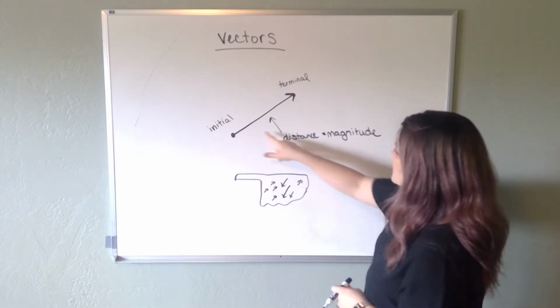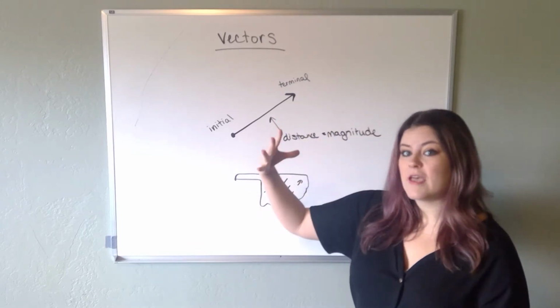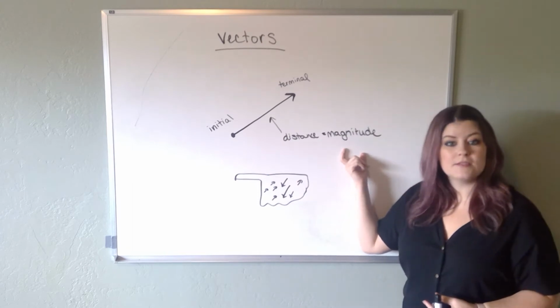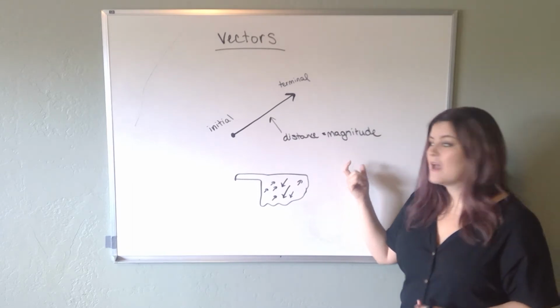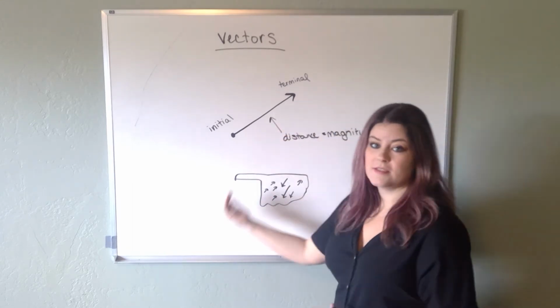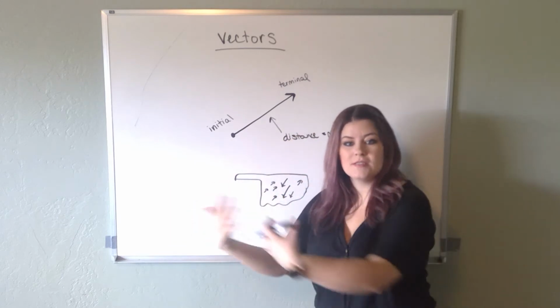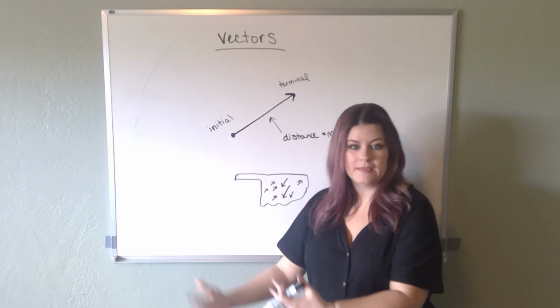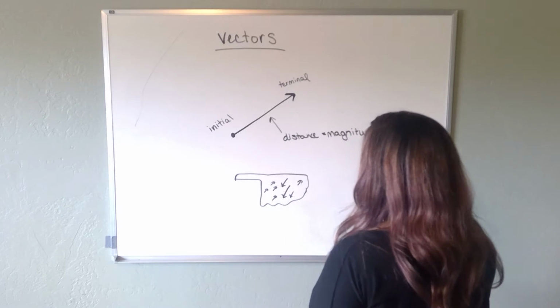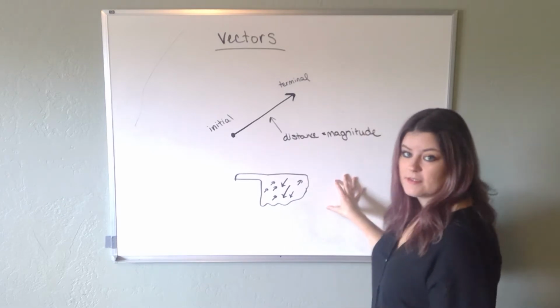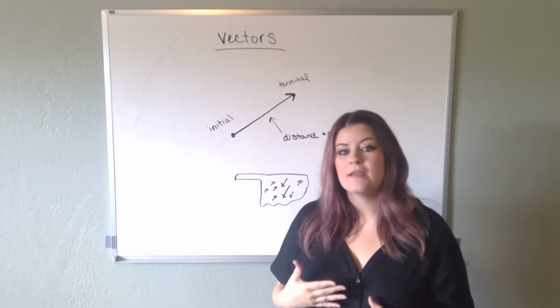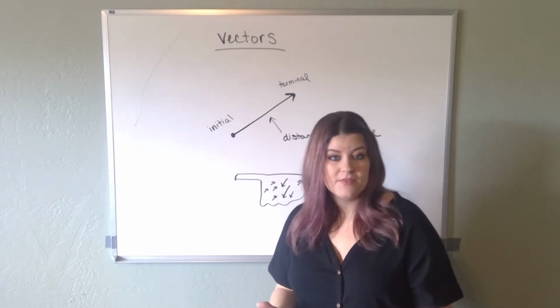So the distance between the 2 points, how long that vector is, does tell us the magnitude, and we'll talk about how to find that. And then obviously the arrow tells us the direction that force is going in. Okay, so this is what a vector is. Let's look at an example of how we can find information about a specific vector.